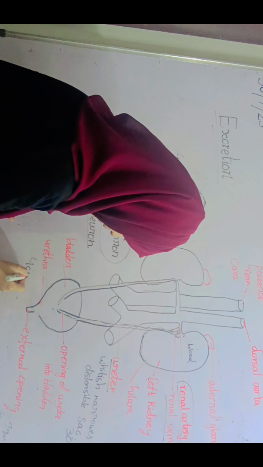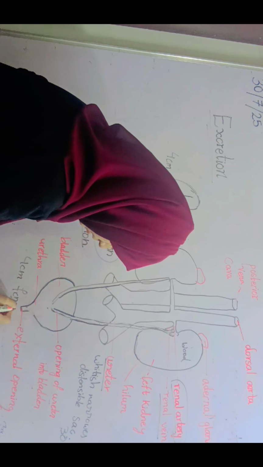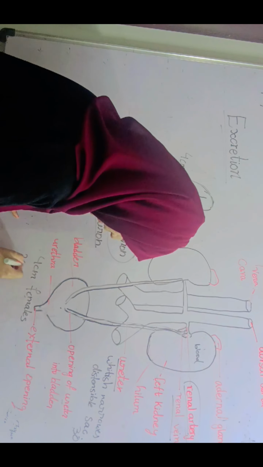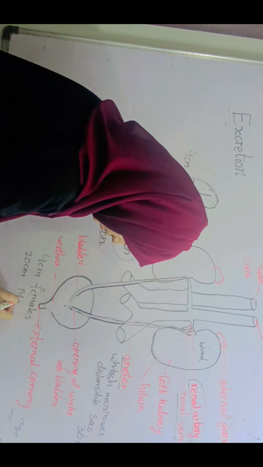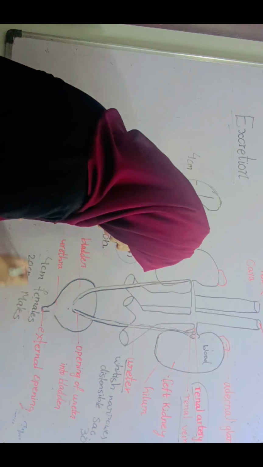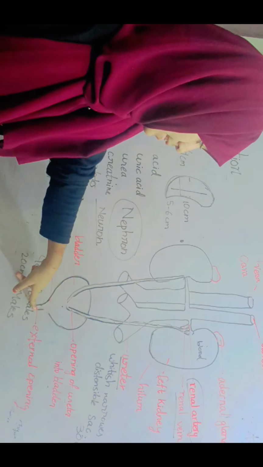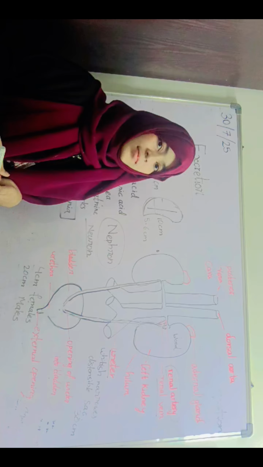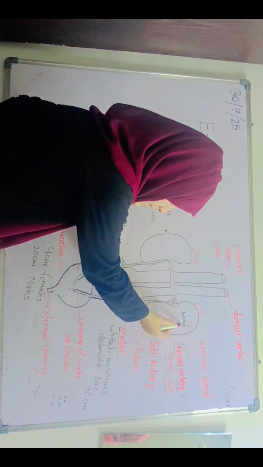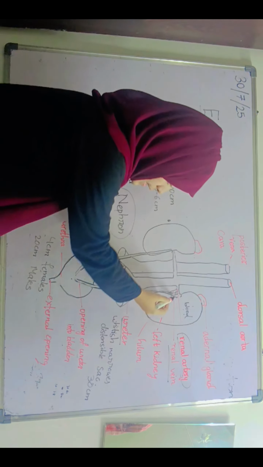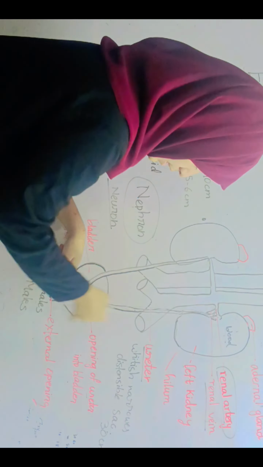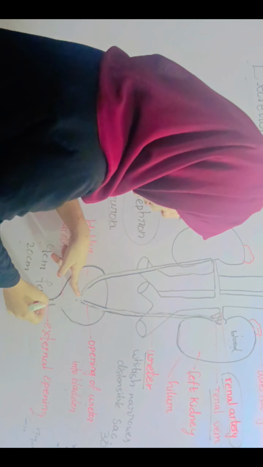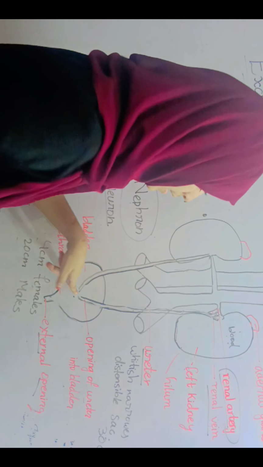Urethra is 4 centimeter long in females and 20 centimeter long in males. In BITS question they may ask this question, and this is the external opening. So the ureter brings the unwanted substances from the kidney toward the bladder.